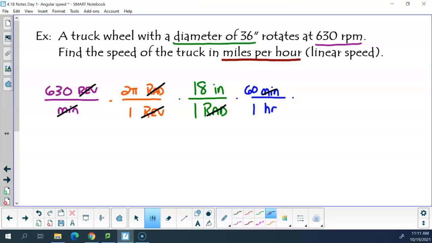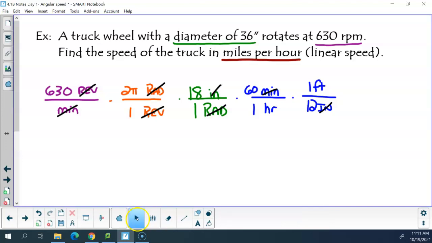Okay, how many inches are in a foot? Whoa, you know. Okay, so now I'm in feet per hour. Do we have a conversion feet to miles?